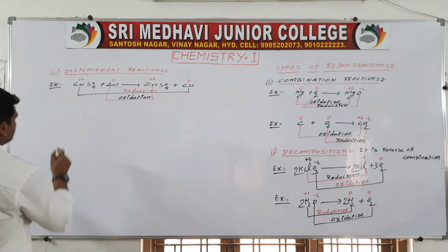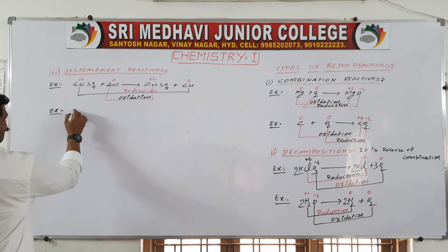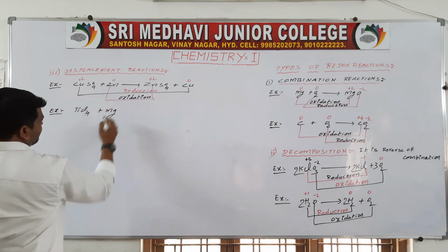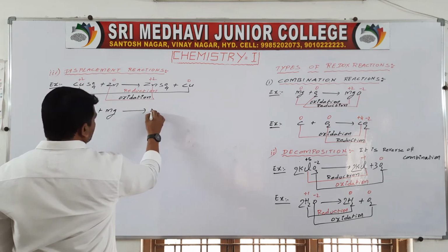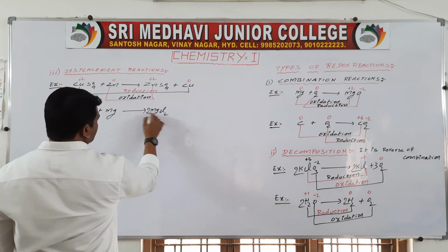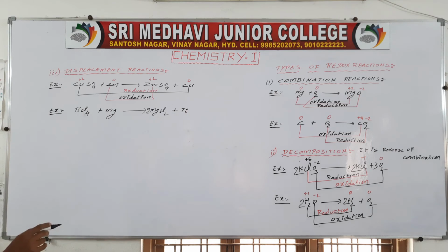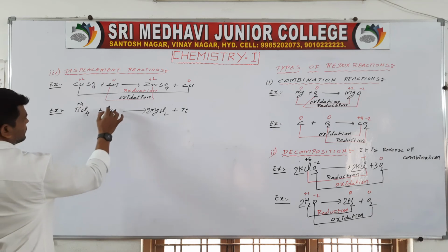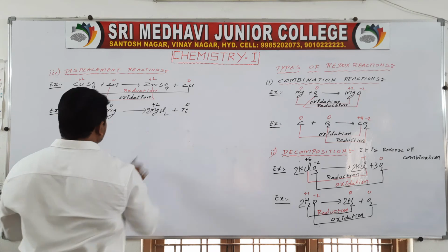Next, one more example. TiCl4 plus magnesium gives rise to MgCl2 plus Ti. Okay, here plus 4, 0, plus 2, 0.